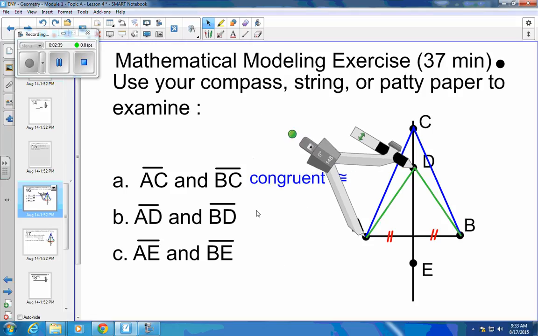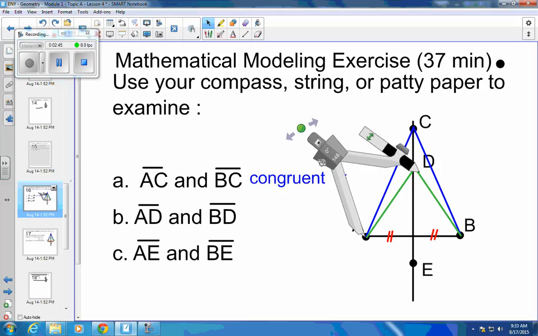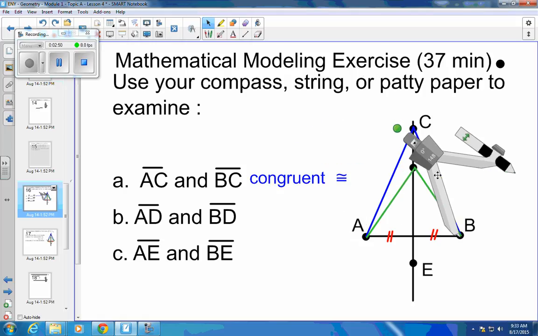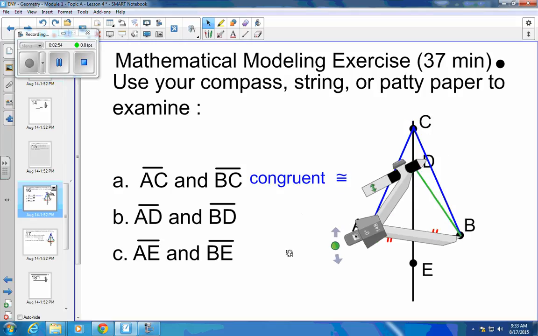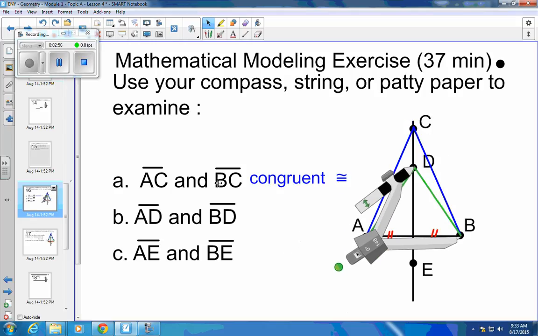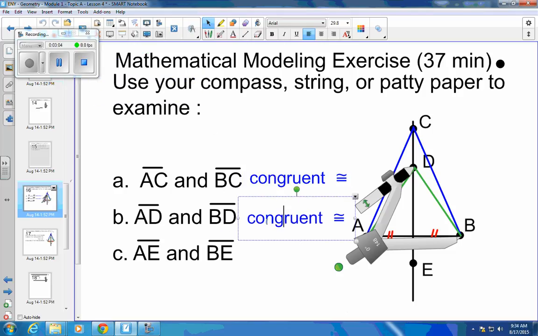There we go. I just wasn't quite in the center of my two circles. So you can see that those two are the same distance. So that's the same distance from A to D as it is from B to D. Okay, so those are congruent. And so we can put them there.